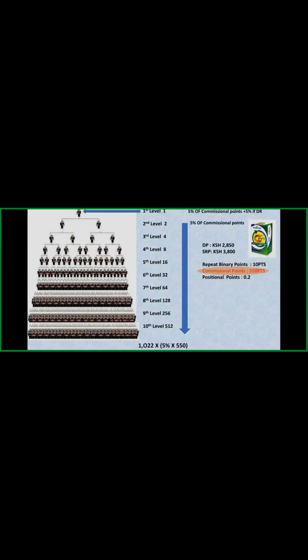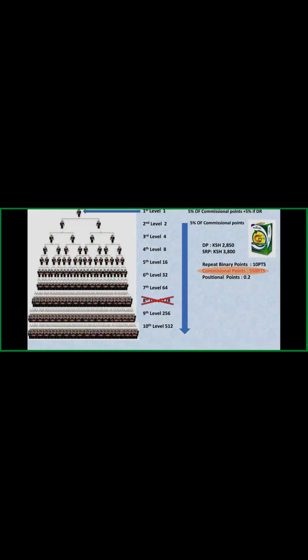Just like I had shown you, assuming you have 1000 boxes, you multiply by 5% times 550, and that is like 28,105 Kenyan shillings. This is for someone who has no rank. For the others it comes to much more.